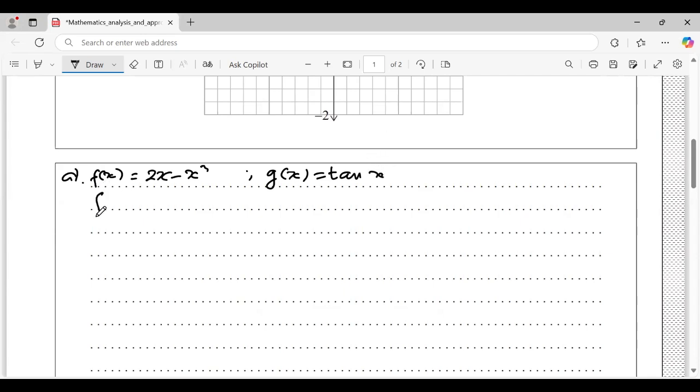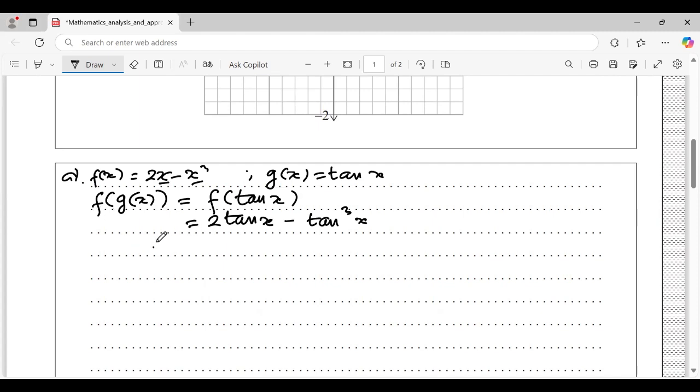So if the composite function is f of g of x, it becomes f of tangent x. It means this x becomes tangent x, and this x becomes tangent x: 2 tangent x minus tangent cubed x. So this is the composite function.